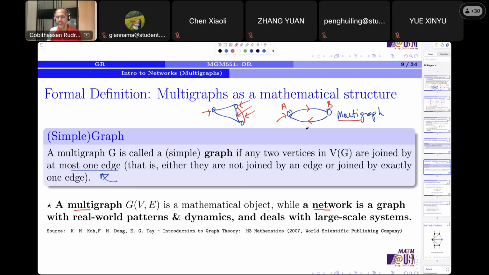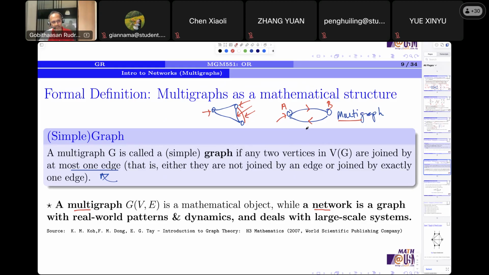So now A and B are students, and the edge represents the relationship of seeking advice. The difference between a multigraph or graph and a network is that for a network, we represent vertices and edges with some situation or problem in the real world, whereas multigraphs and graphs are mathematical objects used in pure mathematics to study relations, structure, and so on.